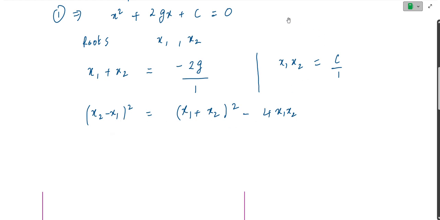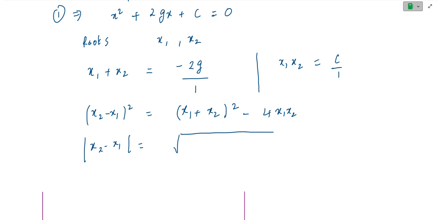Now I want x2 minus x1. It will be under root of this. So the difference between the x coordinates, that is x2 minus x1, will be under root of (x1 plus x2) whole square minus 4 times x1x2.